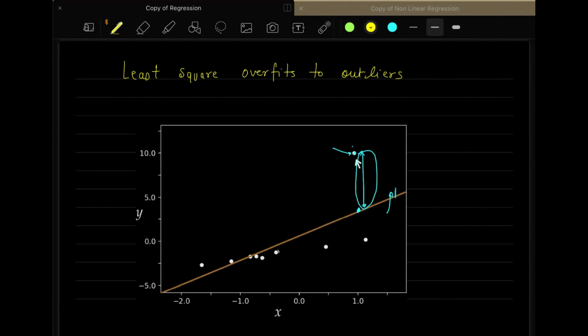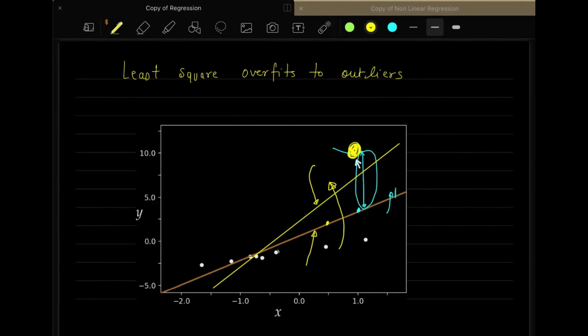Or to be precise, I think I'm not drawing it perfectly, but it will make this line look like this now. And why did it happen? It happened because of this outlier which is over here. This outlier actually creates such a heavy error that it forces this line, which was fitting properly earlier, to move like this.